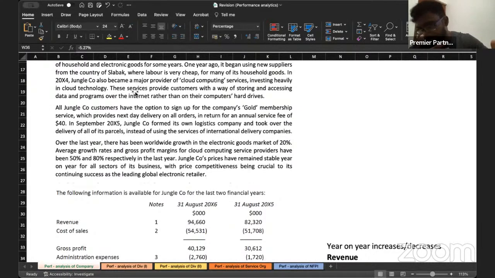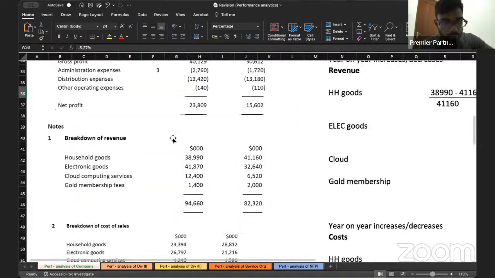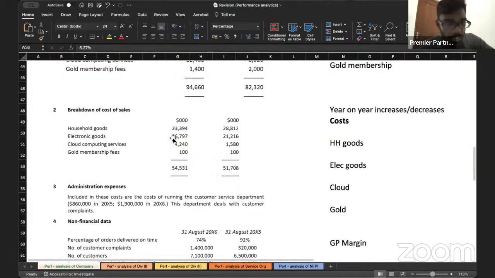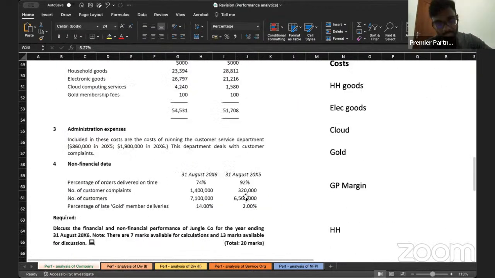It can be assumed that because the labor is cheap, the ultimate product is of low quality. There you go, one small part. And you can say this could have also contributed to the increase in customer complaints. Customer complaints have risen exponentially. One by one, you start talking about things. Are we clear, people?